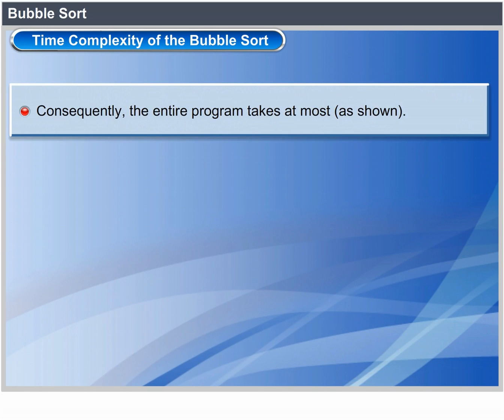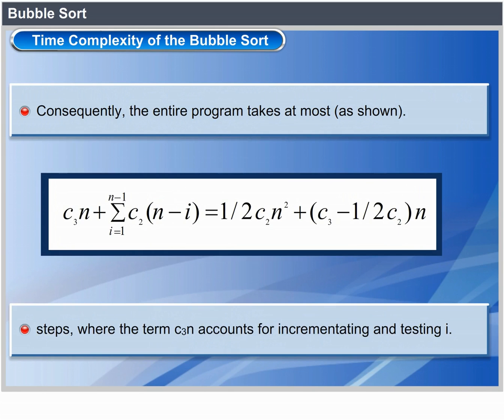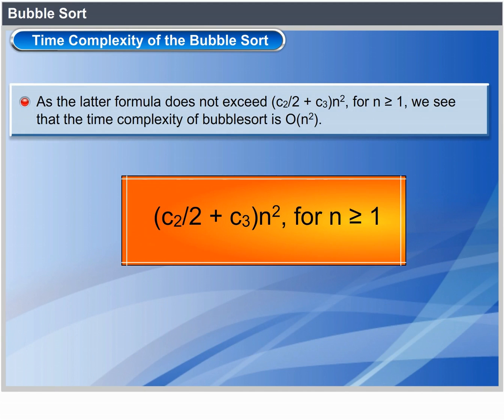Consequently, the entire program takes at most the shown number of steps, where the term C3n accounts for incrementation and testing of i. As the latter formula does not exceed (C2 by 2 plus C3) times n squared for n greater than or equal to 1, we see that the time complexity of bubble sort is big O of n squared.